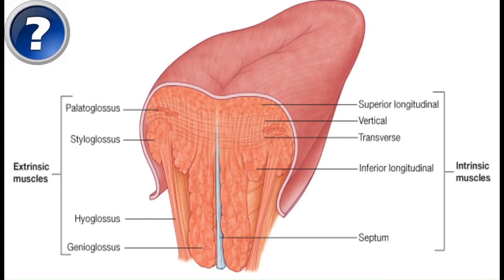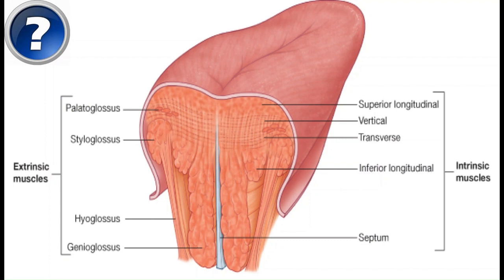What is this diagram showing? It is a diagram of the tongue with a coronal section, and it is showing the muscles of the tongue. What is the best description of the tongue?